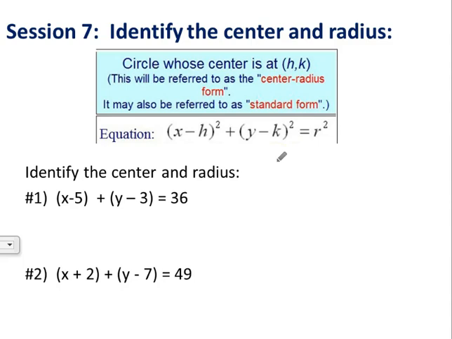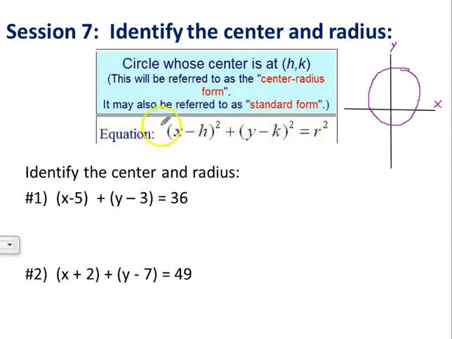But I really wanted to introduce to you the equation of circles when we graph them in a coordinate plane, because this is an important concept. So if we have an X and Y coordinate plane, and we draw a circle anywhere in that coordinate plane, we can write an equation to match that.